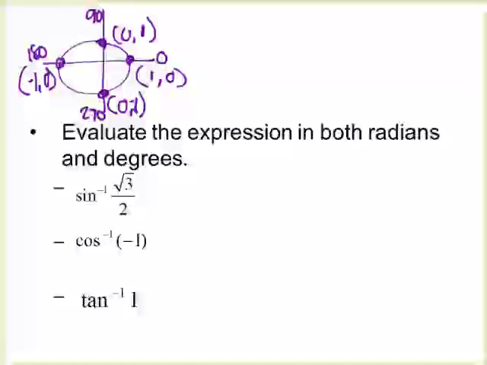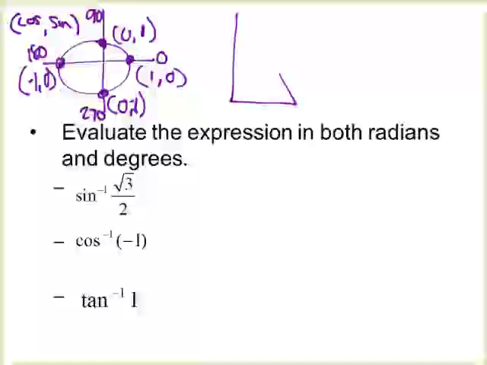And remind me, what do those points mean in terms of trig? In what order? Cosine, sine. It's alphabetical, just like x, y. Okay, so that picture is going to be important to us today.